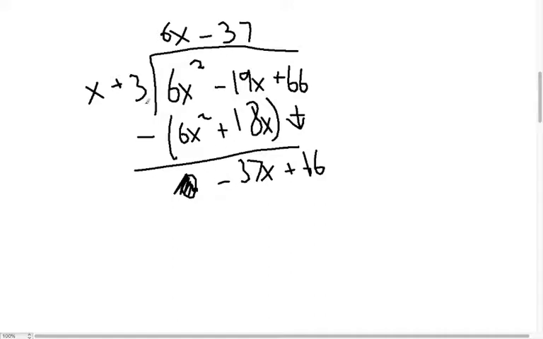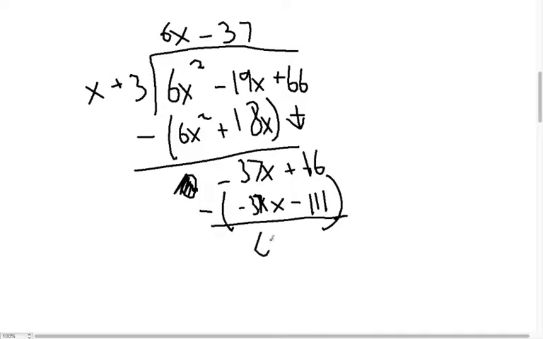So minus 37 times x plus 3 is the value we're subtracting. So minus 37x minus the value of minus 37x minus 111, which once you distribute the negative gives us 0, which you disregard. This is equal to 177.